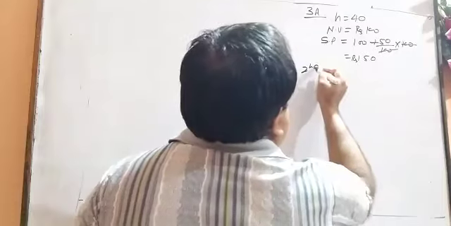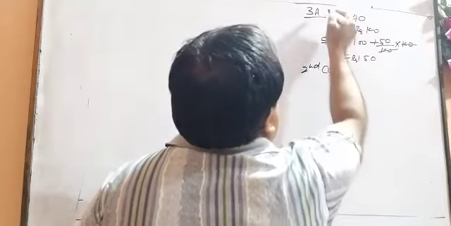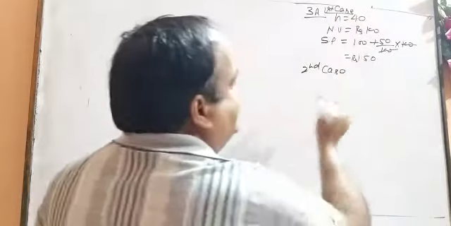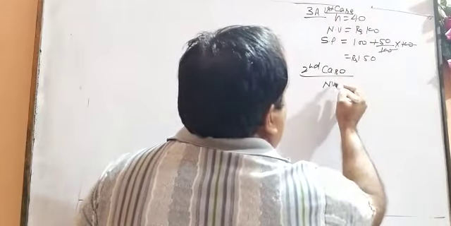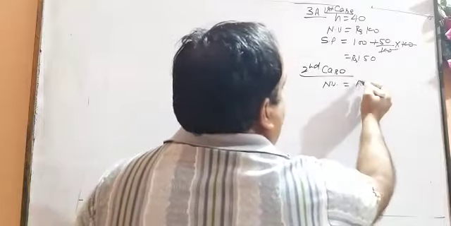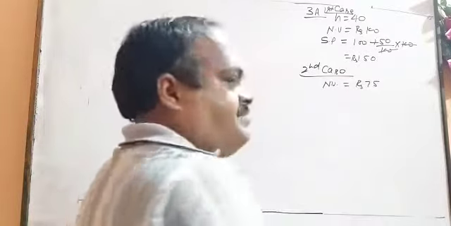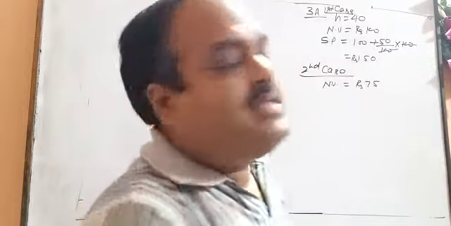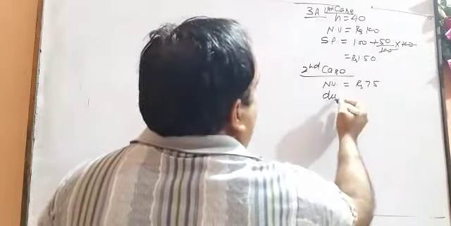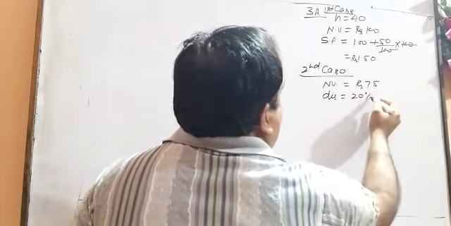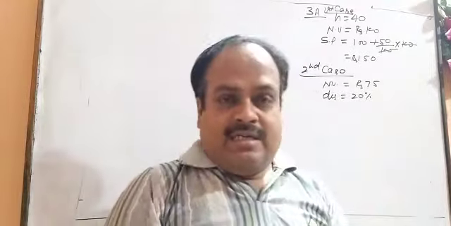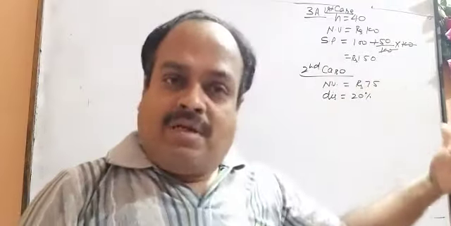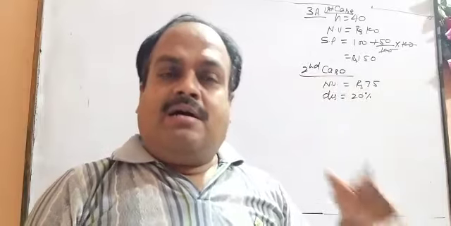So second case, the nominal value of one share is rupees 75, quoted at 20% discount. I told you that this discount is subtracted from the nominal value to calculate the market value.